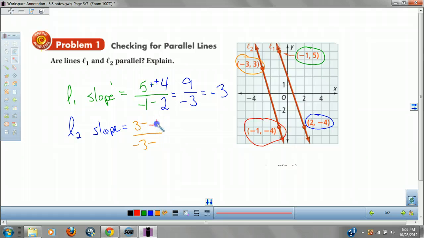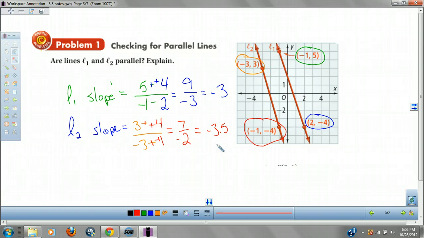So 3 minus negative 4 over negative 3 minus negative 1. Those become positive. I get 7 over negative 2, so it's negative, which is equal to negative 3.5.